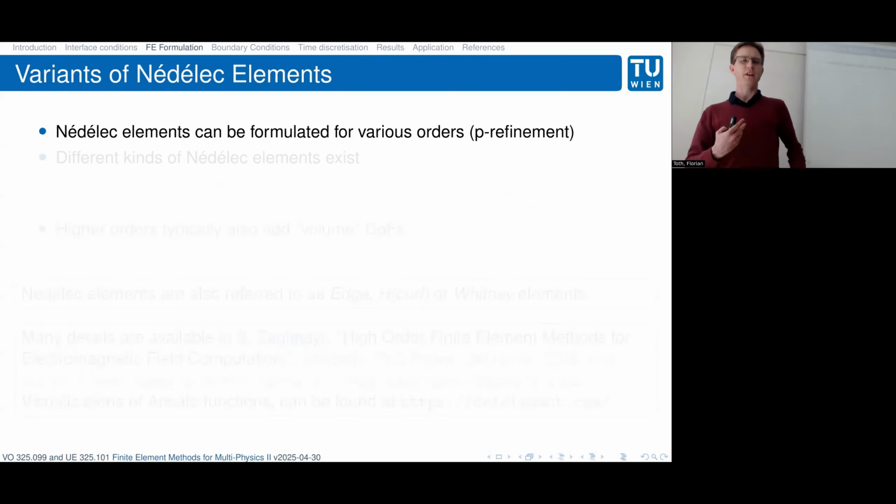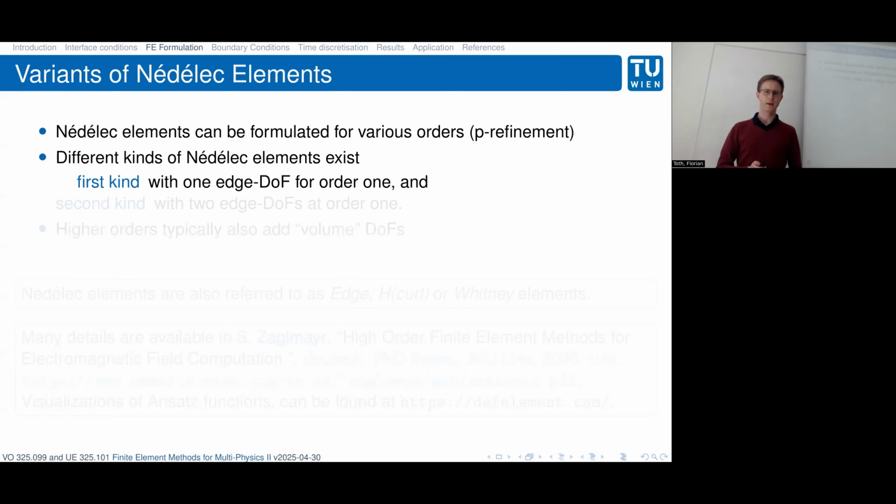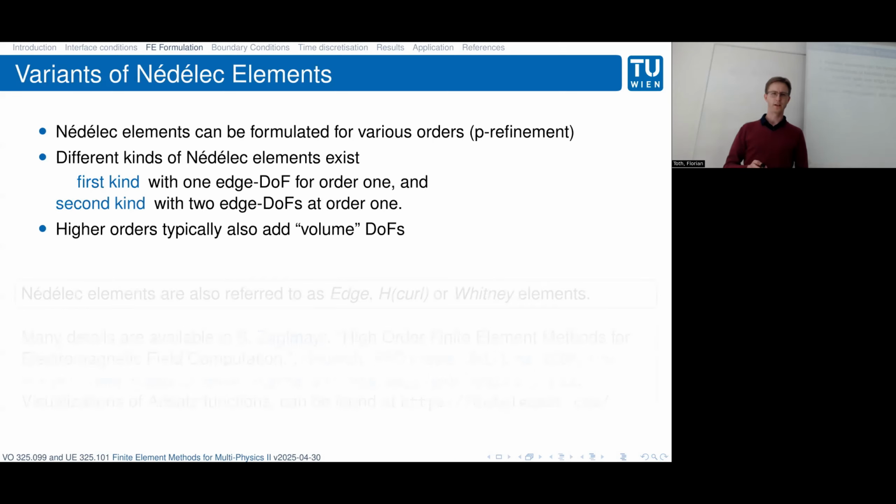Okay, there are several variations of Nedelec elements. They can be formulated for various orders. There are different kinds of elements, with the first kind having only edge degrees of freedom for order 1, and the second kind, for example, with 2 edge degrees for order 1.